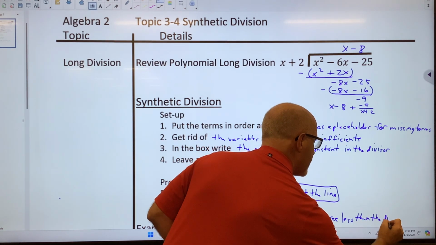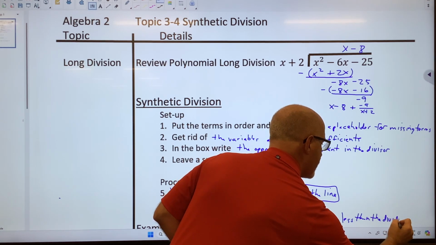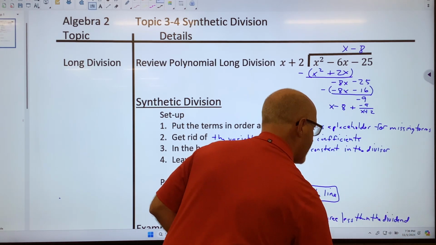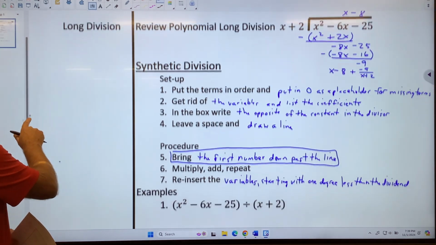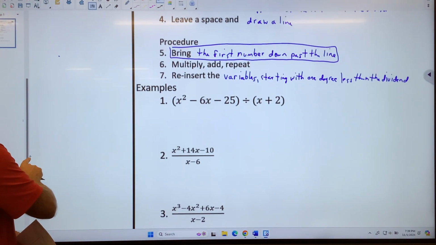That's the original thing we were dividing into that we stripped the variables off of. All right, so let's see what that looks like. We're going to try this with several problems.